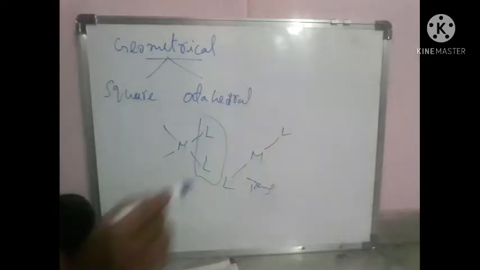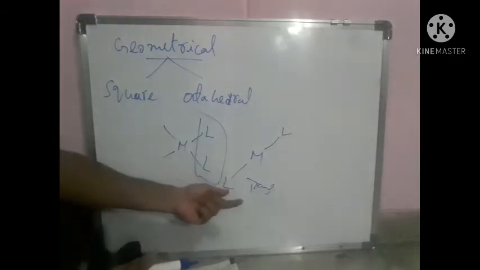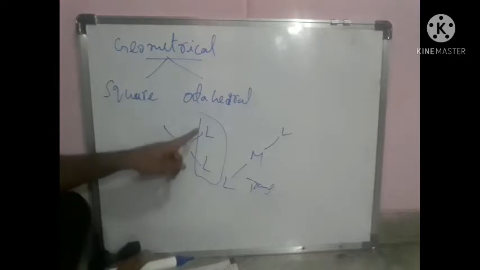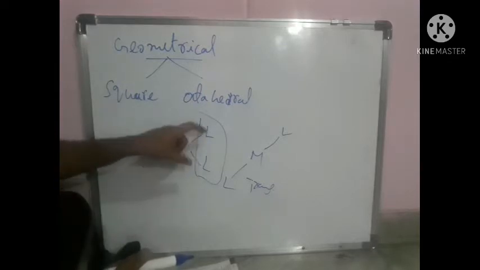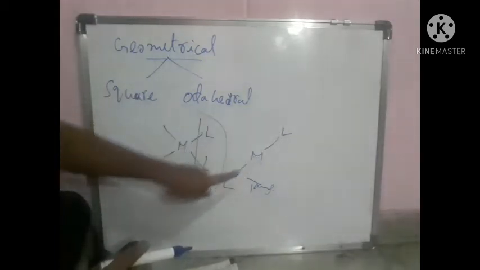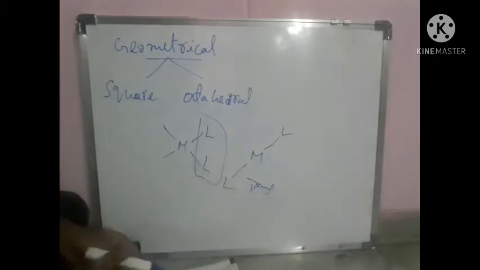So the geometrical isomers divide into two types, cis isomer and trans isomer. So what is cis isomer? Cis isomer is where the ligands are present adjacent to each other. When ligands occupy opposite directions of the central metal atom, it is called trans isomer.